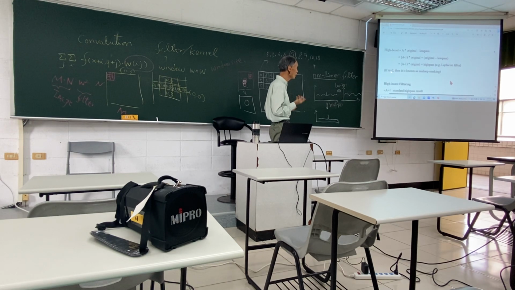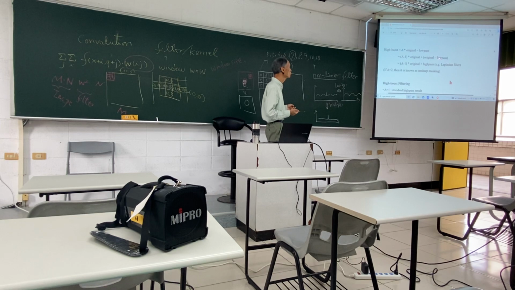But if A equals 2, then A minus 1 is 1, which means it's the original image plus the high-pass filter. We call that high boost. And if A equals 2 or larger than 2, it's so-called unsharp masking.